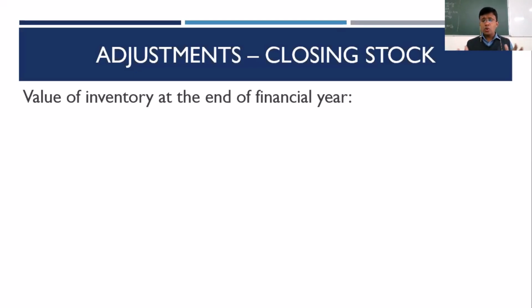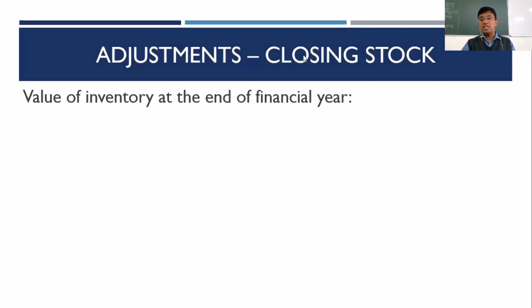Now, closing stock refers to the value of inventory that you have at the end of the financial year. When it comes to the preparation of final accounts, there are two important values of inventory that we are interested in. One is the opening stock. Second is the value of the closing stock.